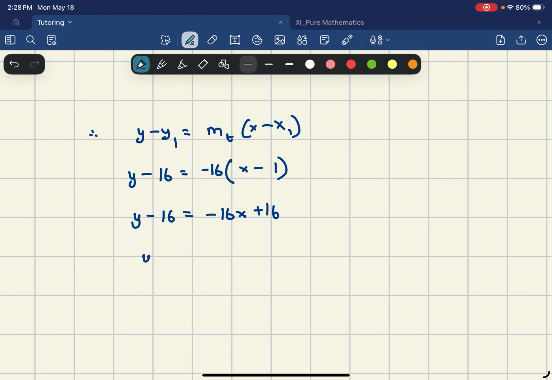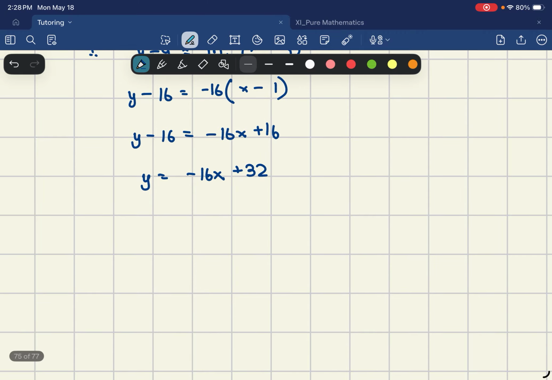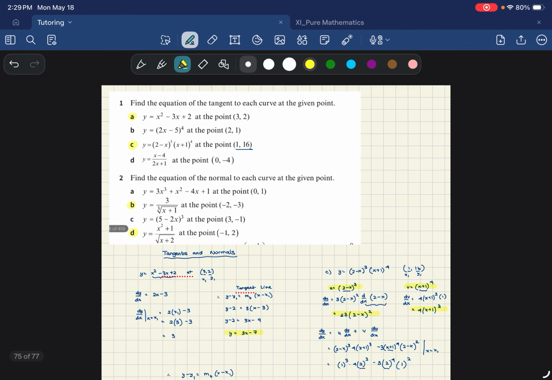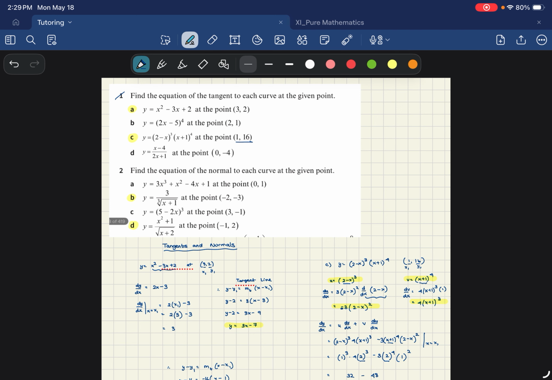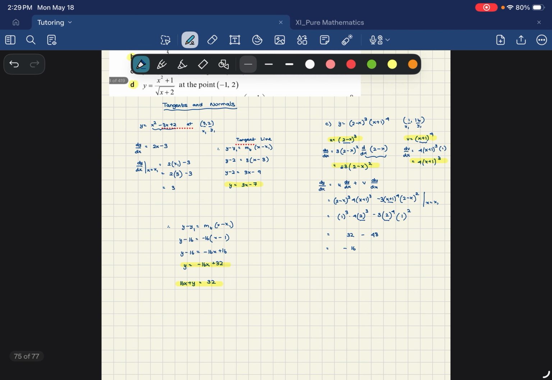And if I add 16 on both sides, I am going to get this expression. And the textbook just presents it as 16x plus y is 32. Both of these are correct. So we are done with question 1. We did A and C. All right.